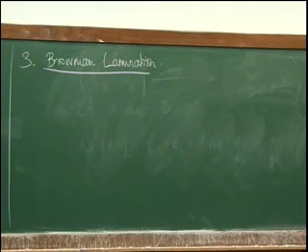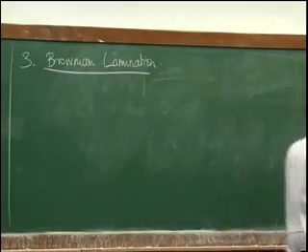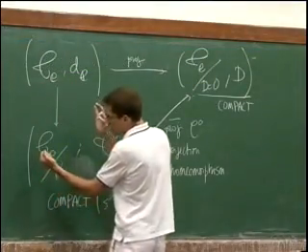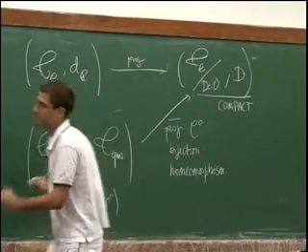So the goal is to identify this object, and to do so I will first try to have a nice description in terms of topology of the Brownian tree.